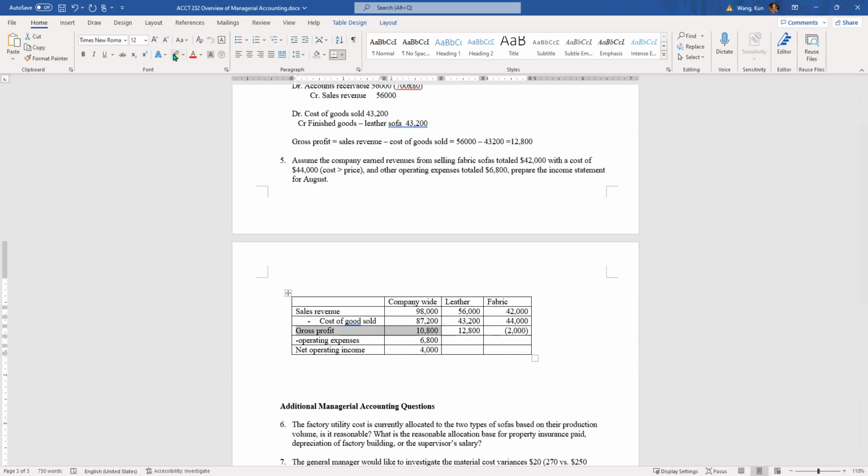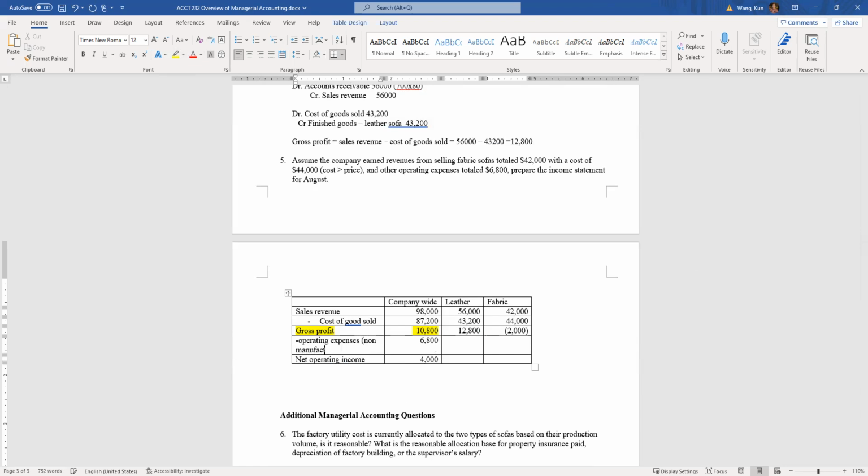And then the overall operating expenses, like other operating expenses, such as your marketing expenses, admin expenses, so non-manufacturing expenses.